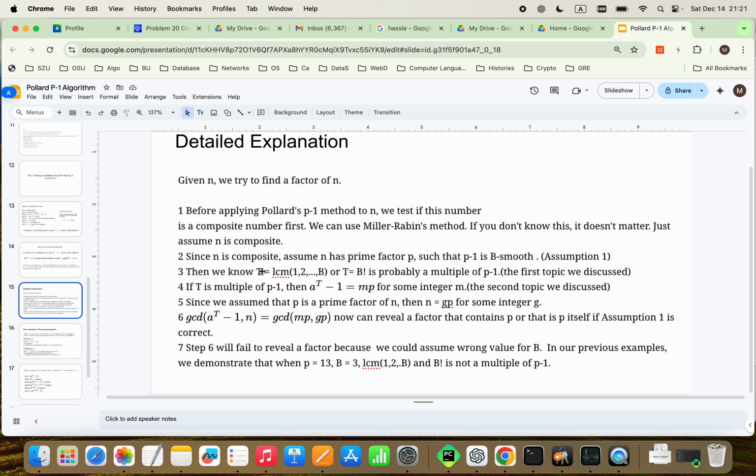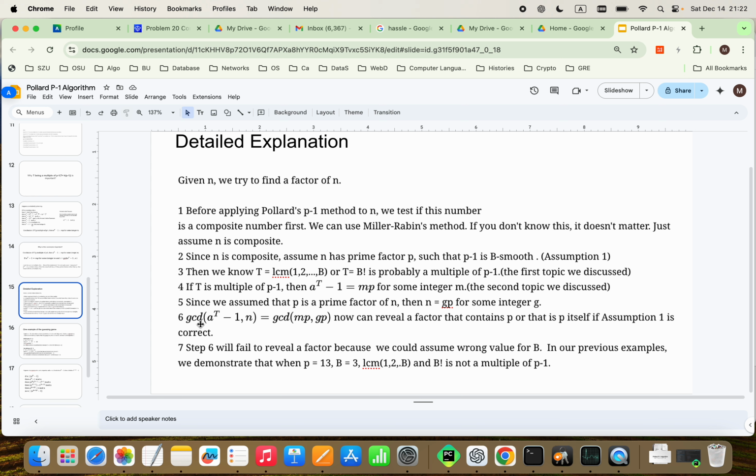Then t is not a multiple of p minus 1. Our p minus 1 was 12, right? But if t is not a multiple of p minus 1, then this value is not a multiple of p.